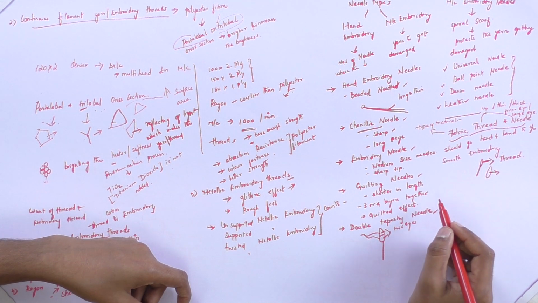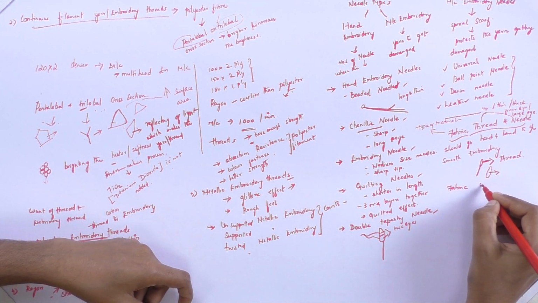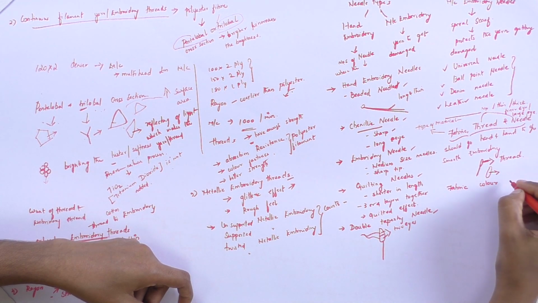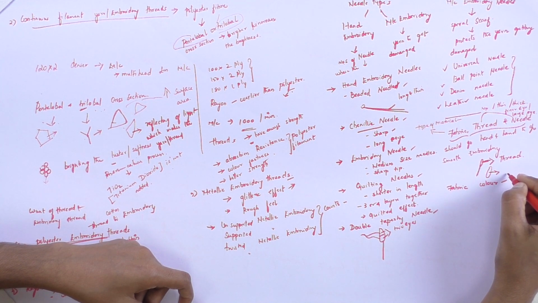And one more thing you have to keep in mind is the fabric color. According to the fabric color, you have to decide the embroidery thread color.